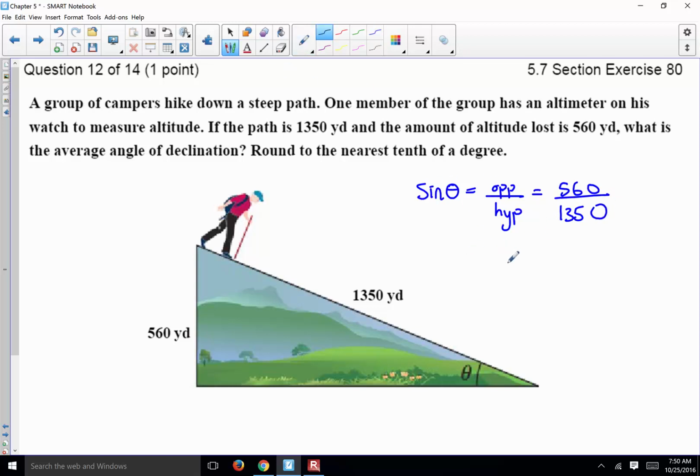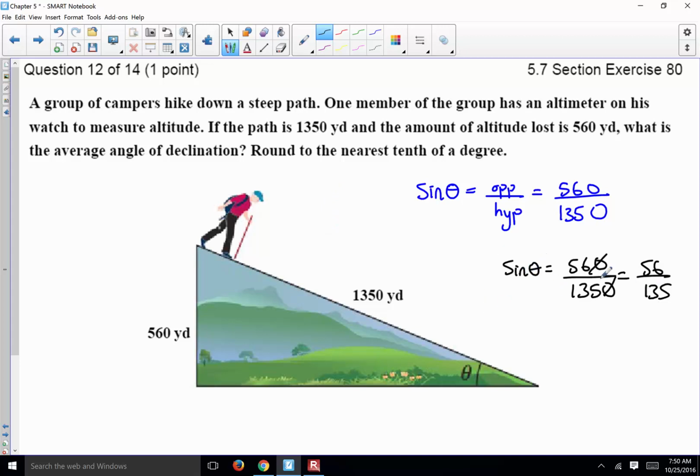So you have this, but we know we can't figure this angle out like that. But do you know what angle makes sine that? I mean, I can divide both sides by 10. Which angle, 30, 45, 60, 90, makes 56 over 135? Is this one of the common values in the table or the wheel? No, then you're stuck with using a calculator.